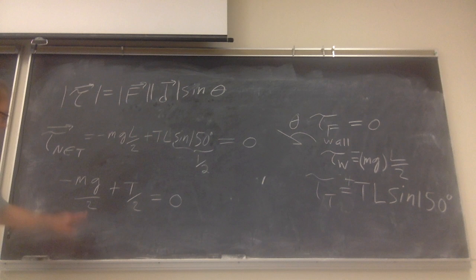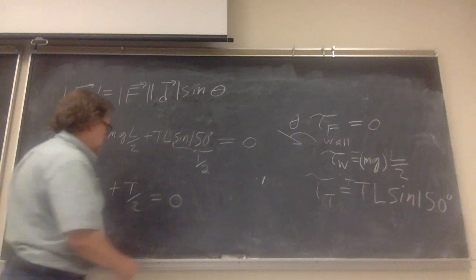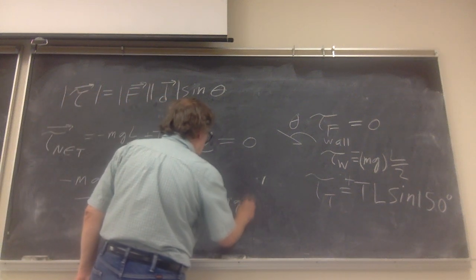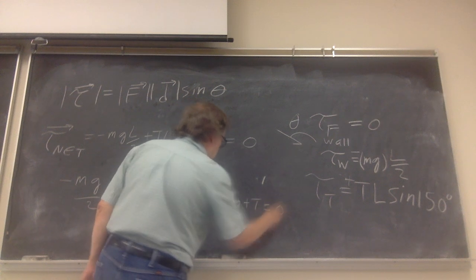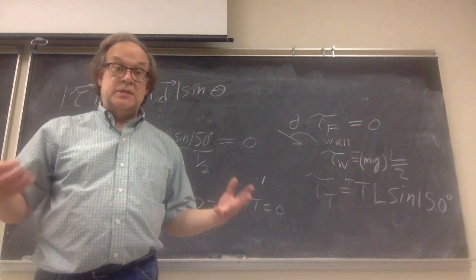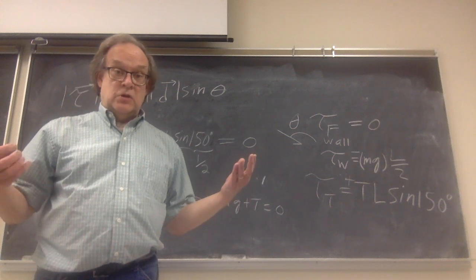Now, get rid of those factors of 1 over 2 by multiplying the whole equation by 2. And then we have minus mg plus tension is 0, or, well, obviously that means that the tension must have the same strength as the weight.